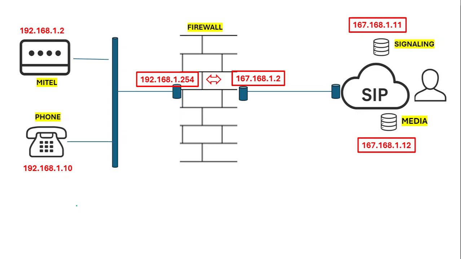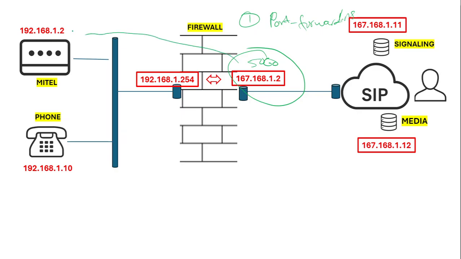So, number one, just to summarize, our firewall should be able to do port forwarding. For this public IP address, it should be able to forward port 5060 to the Mitel controller port 5060.